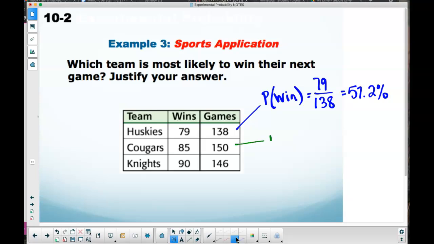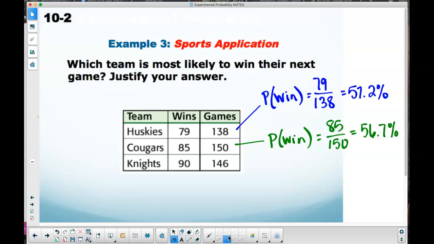Okay, the Cougars, we want to find the probability that they will win. And theirs is 85 out of 150. Did you get 56.7? 56.7%.